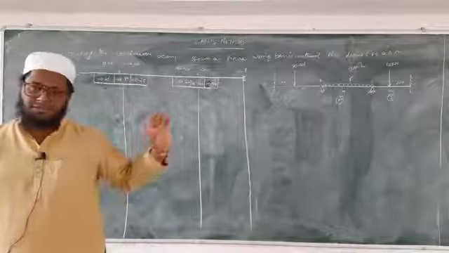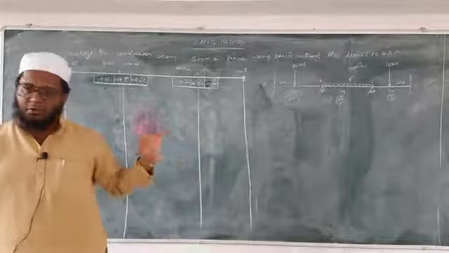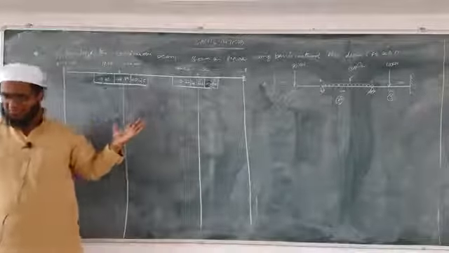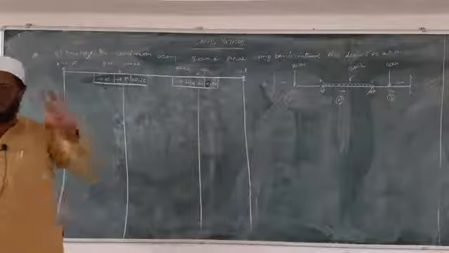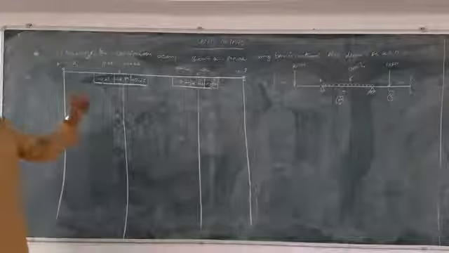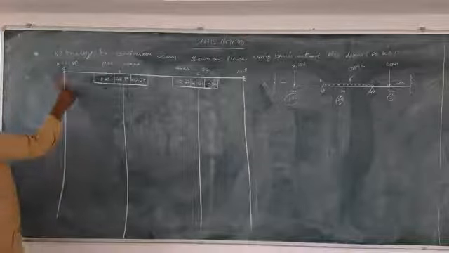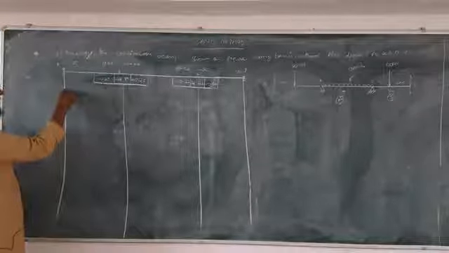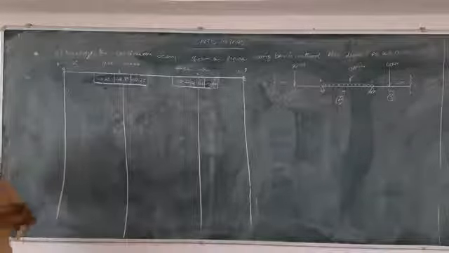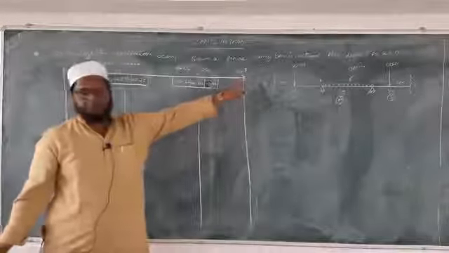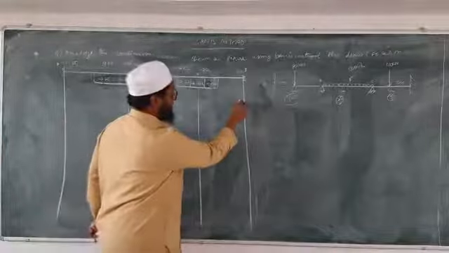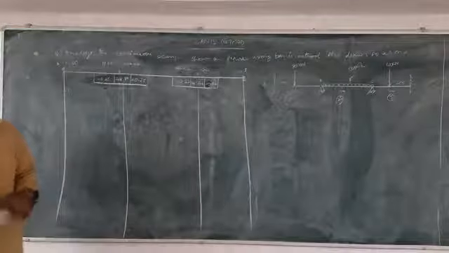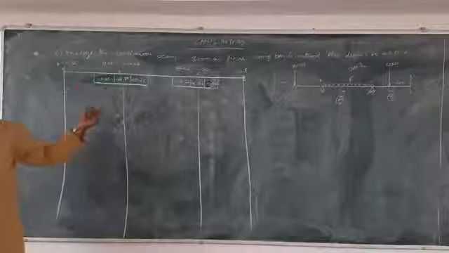Similarly, Kani's method is one more method wherein these people played with the numbers to get the moments. Okay. So see here, what I am doing here. We have fixed support here, 0. We have fixed support here, 0.